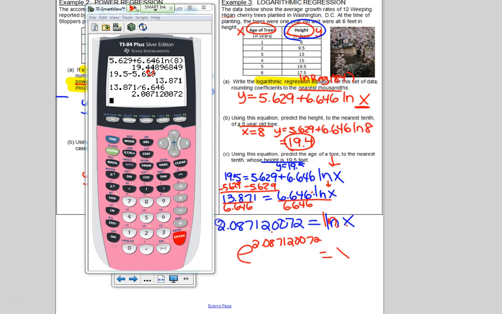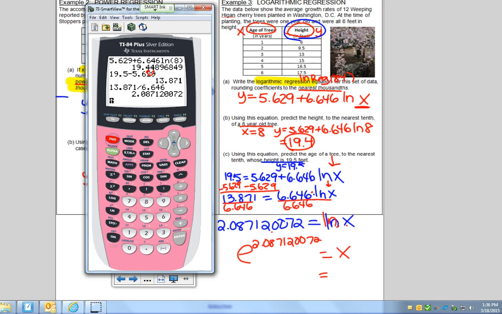Equals the outcome x. So I now have x all by itself. And again, you learn how to use your calculator. I don't have to retype that all in. I do the E to the X button. Then I can go back up there and grab it, and it'll fill it in for me. And that means the age of the tree, to the nearest tenth, is about 8.1 years old.